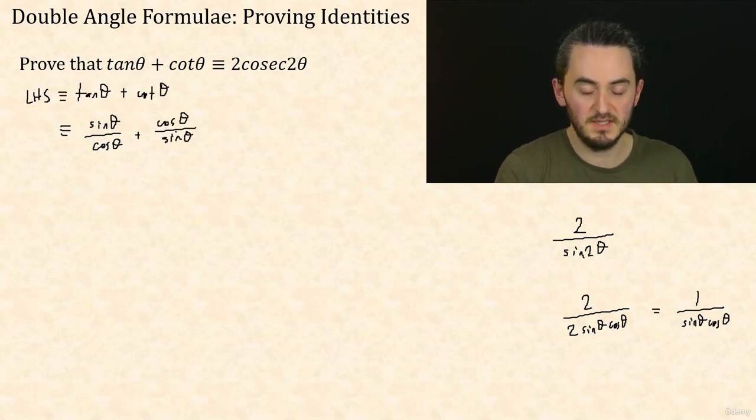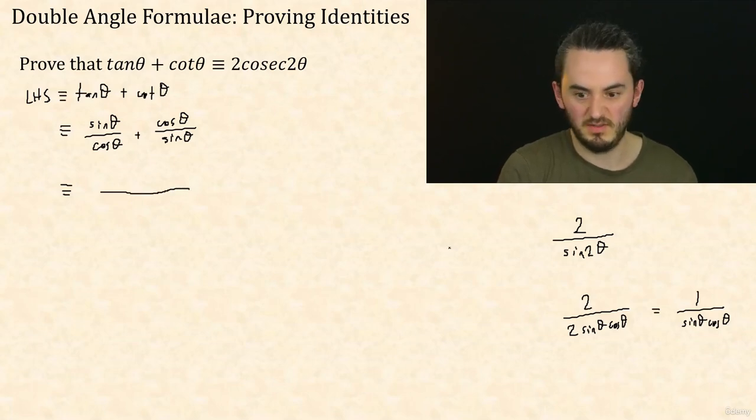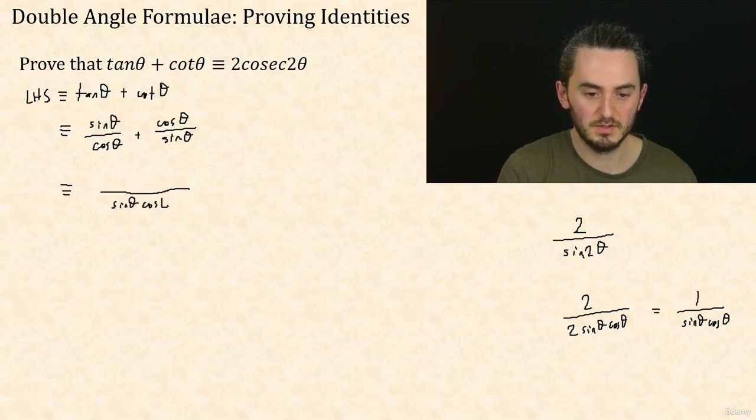It is 1 over tan theta, but the cos theta over sine theta form is often more useful. I want a common denominator here of cos theta times sine theta. That looks good because look where we're heading towards. So my common denominator, I'll just write it this way around, sine theta cos theta.